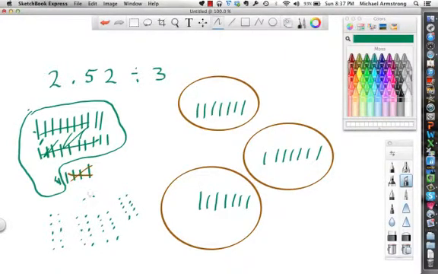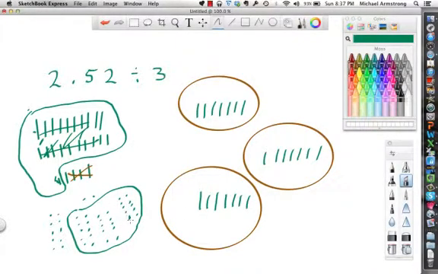So I've got 42. Well, what if I just want to divide by 3? I'm not sure how many times 3 goes into 42. Well, I know how many times 3 goes into 30. So I'm going to take these 30, and it looks like I could just stick another 10 in each.